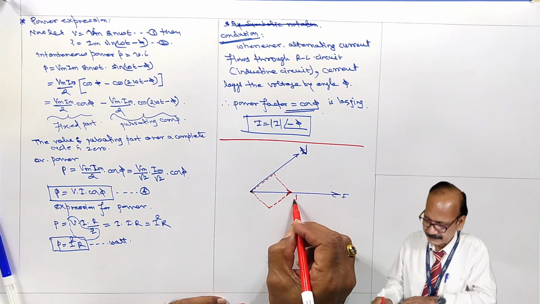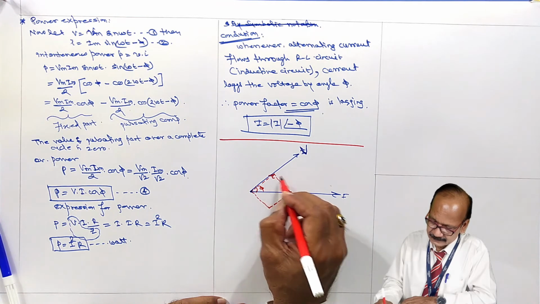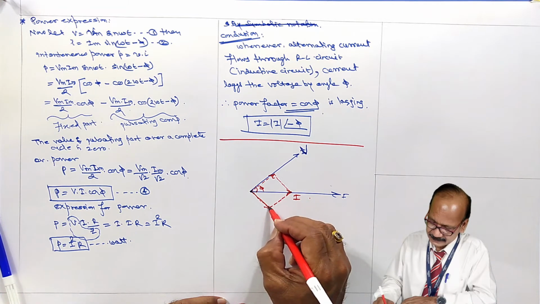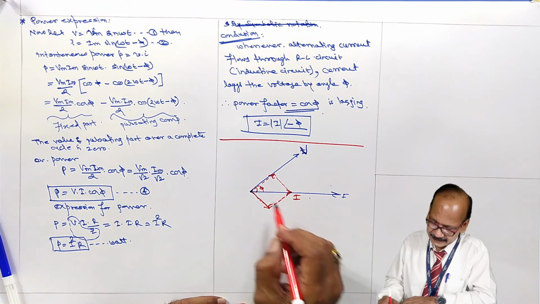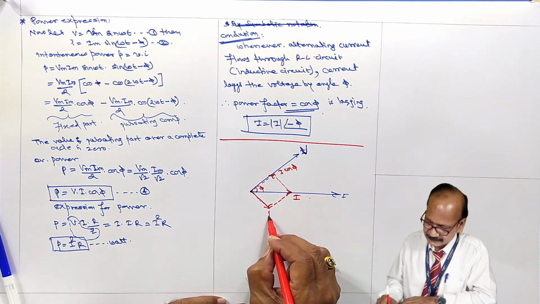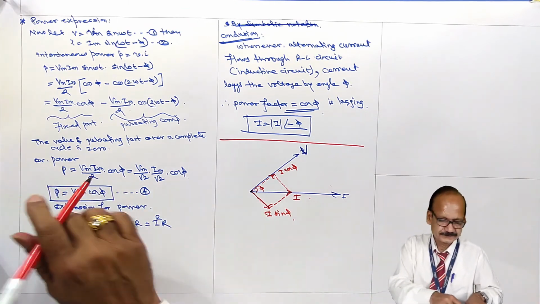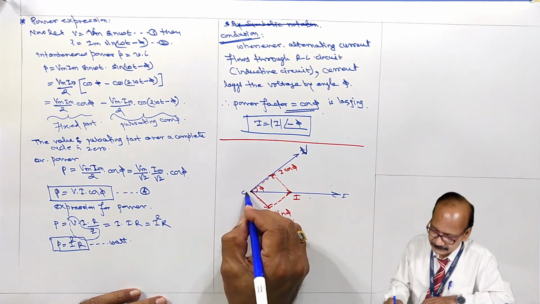This is I. This angle is phi. This component is I cos phi, and this is I sin phi.